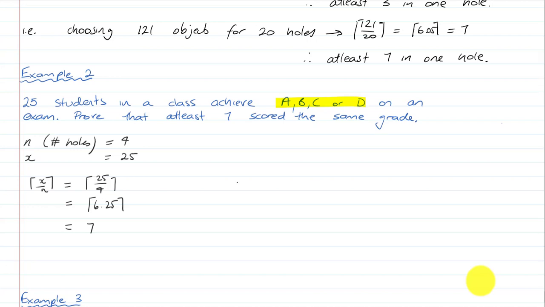Now another approach here is that we could look at our second pigeonhole principle variant. So I'll just do this in purple, and that is to say, our n is equal to 4, and we're trying to get 7 as our minimum, but we can see here that mn plus 1, it doesn't have to be plus 1 because 25, it could be 26 or 27 and still get a ceiling of 7, is equal to 25, which leads to m equals 6 and m plus 1 equals 7.